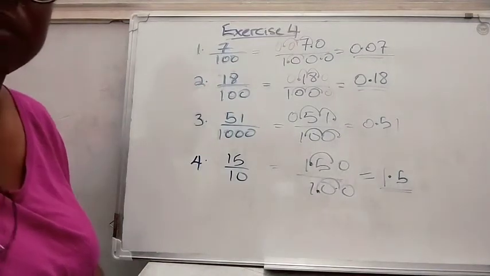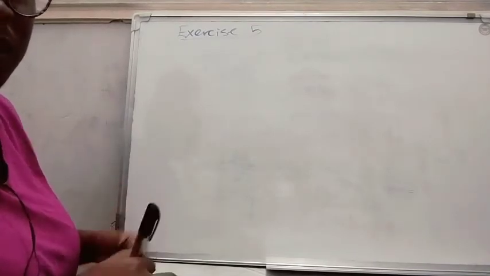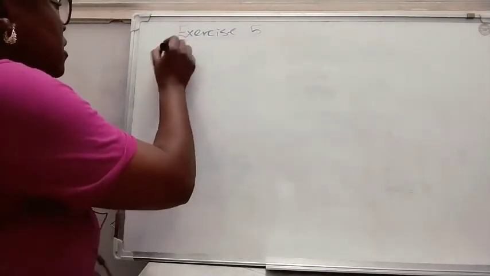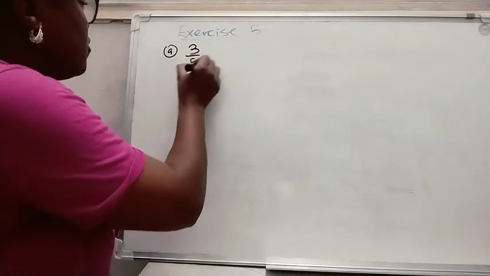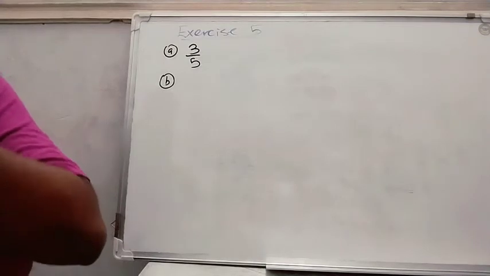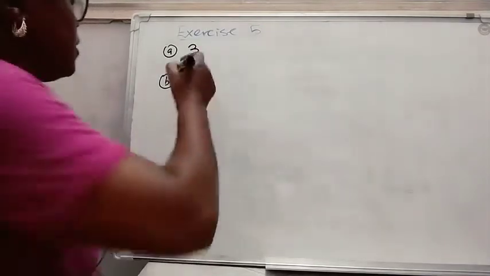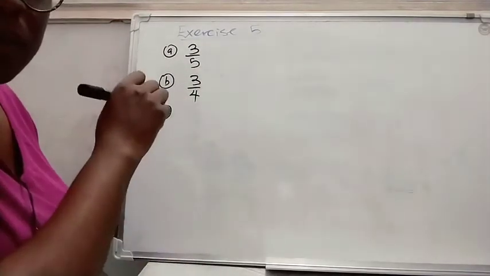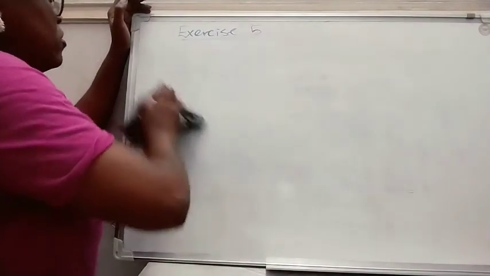Okay, so that's it. We're going to move to convert these proper fractions to decimal fractions. Okay, so we have A, 3 over 5. We have B, 3 over 4. We have C, or I think I should write it horizontally.